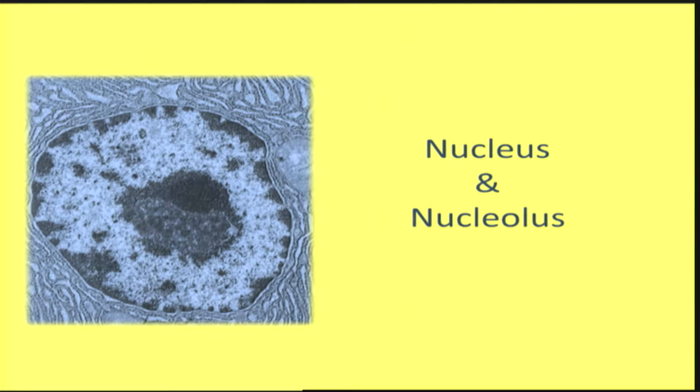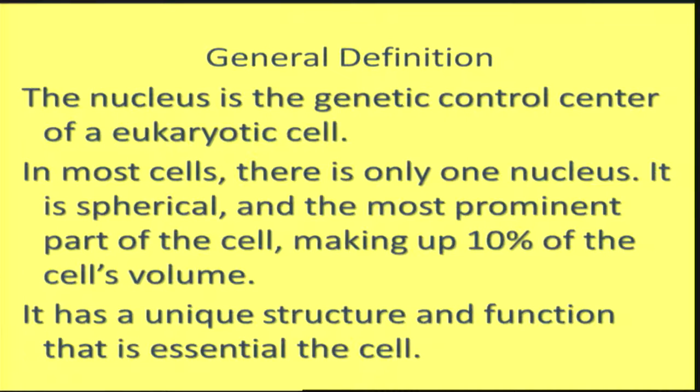Nucleus and nucleolus. When we talk about the general definition of a nucleus, the nucleus is the genetic control center of all the eukaryotic cells. In most cells, there is only one nucleus. It is spherical and the most prominent part of the cell, and it makes up almost 10% of the total cell's volume.